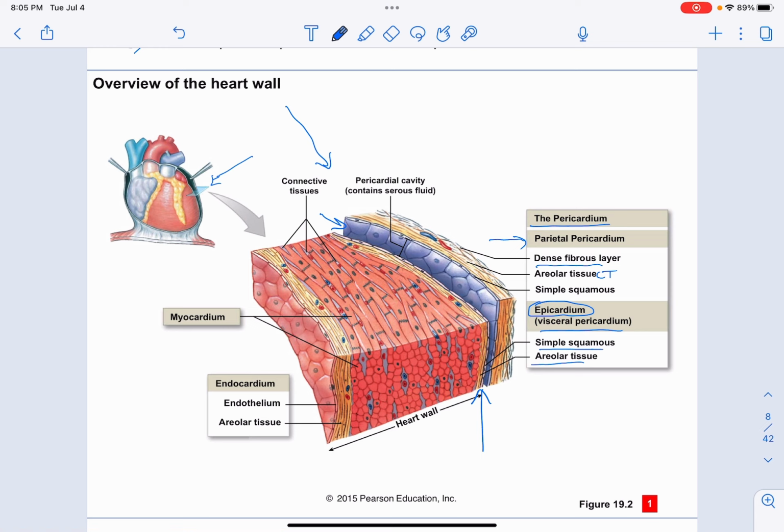All right, and then the heart itself is made up of, remember those cardiac cells? We looked at them under the microscope, and they have those intercalated discs. You can see those intercalated discs here. The more proper anatomical term is that these cells are the myocardium.